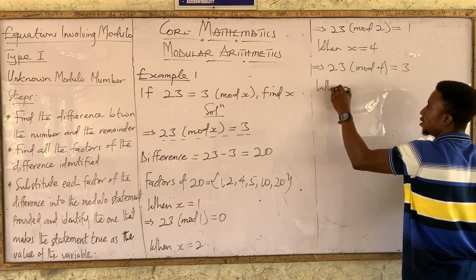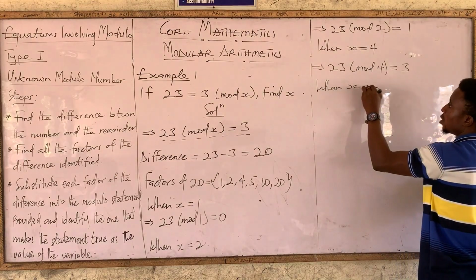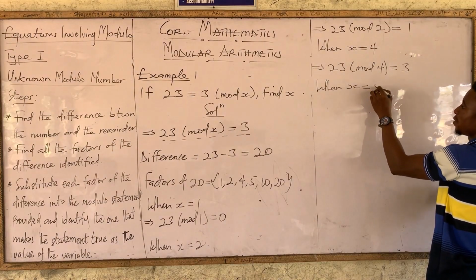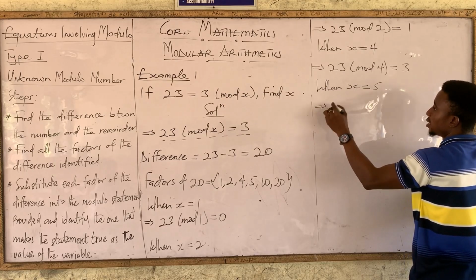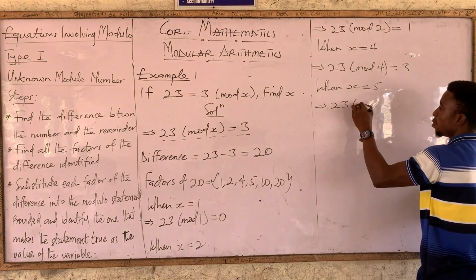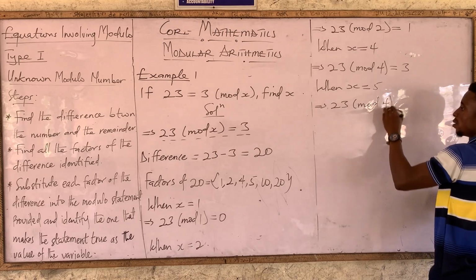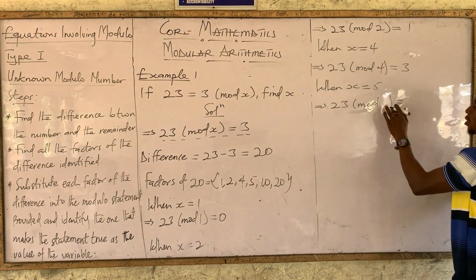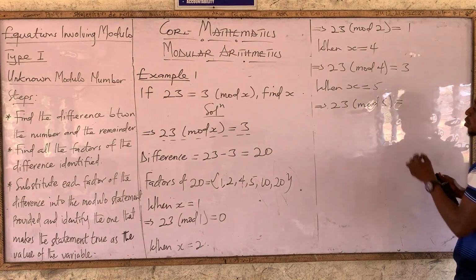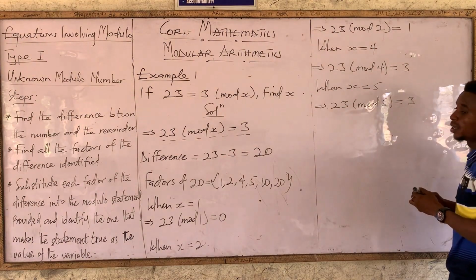Then when x is equal to 5, 23 mod 5 is equal to 3 also.